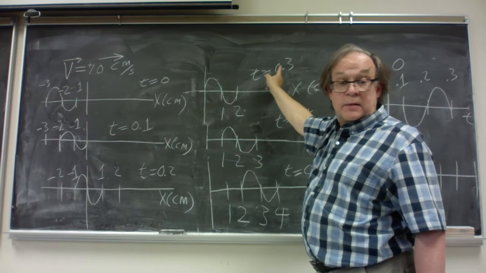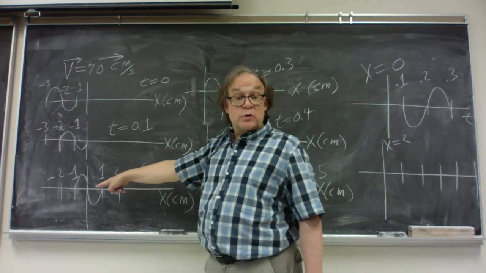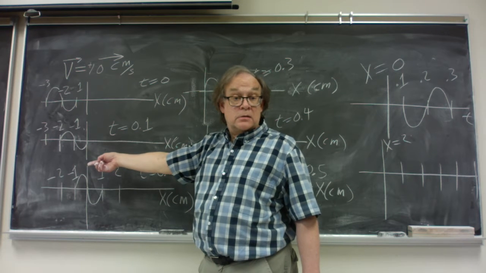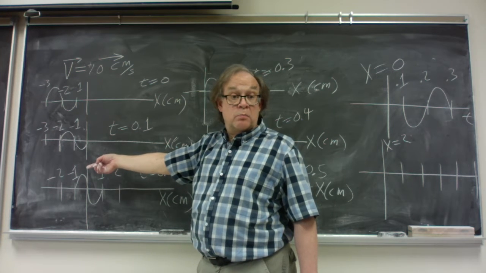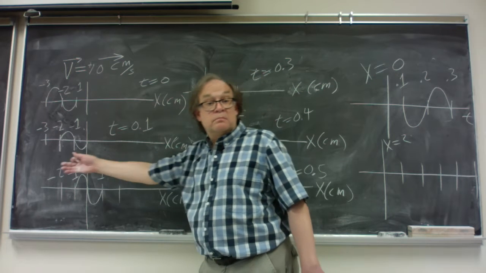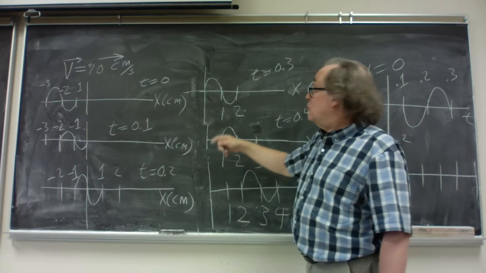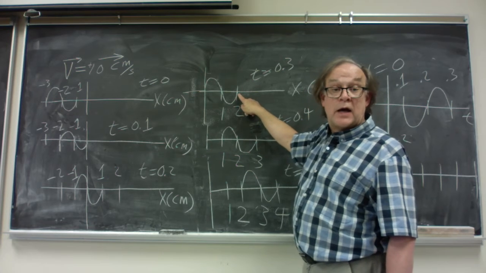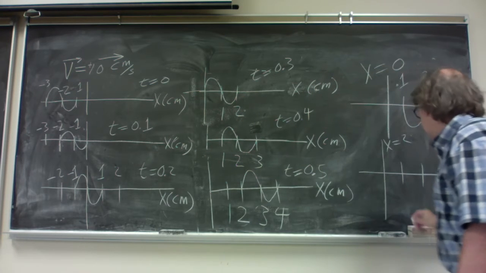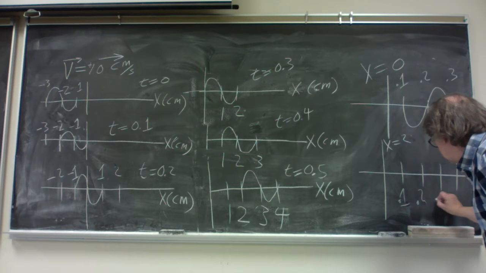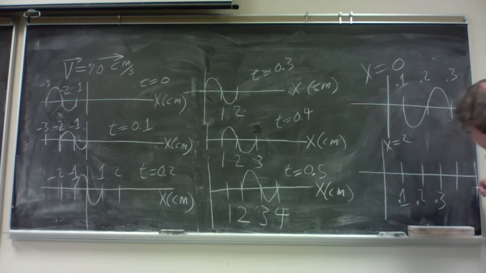Before this time, the pulse was farther in the negative direction, away from the 2 centimeter point, just approaching, getting closer to the 2 centimeter point, and the front edge arrives at 3/10 of a second. So nothing happens until 3/10 of a second.